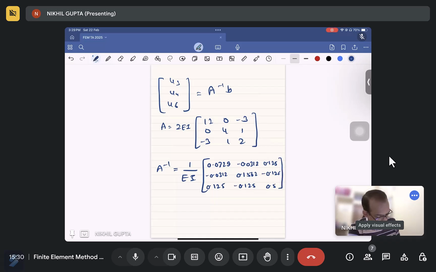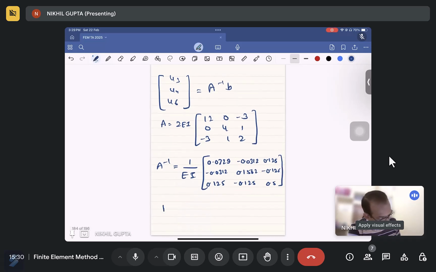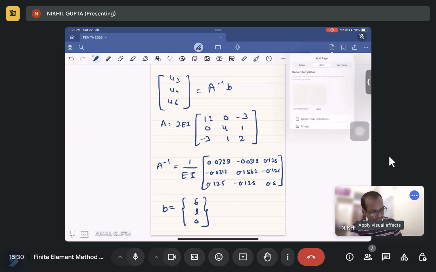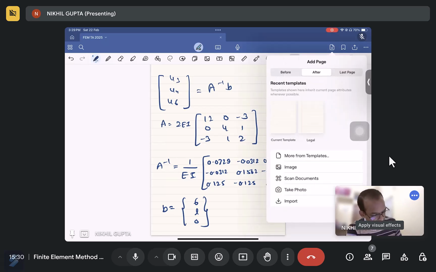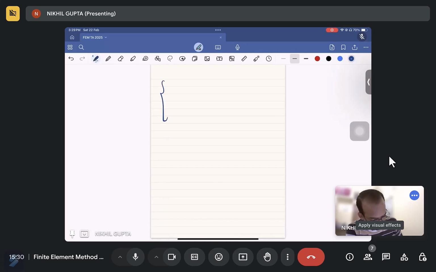Okay, so this I have done. For this, the B vector is 6, L and 0. When you multiply by A inverse B, you will directly get U, and the solution will be U3, U4, U6. It's just the computation.